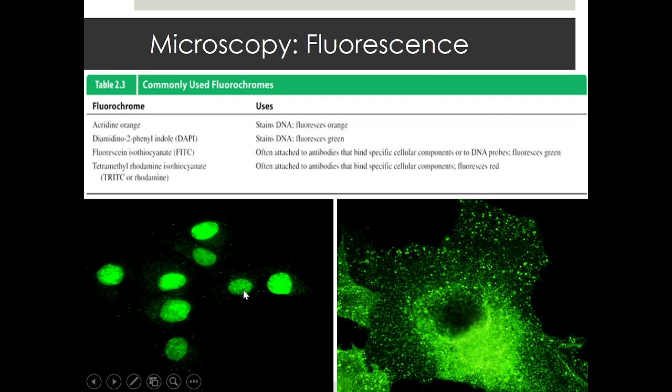So the nuclei have lit up here with either DAPI, which is sometimes green, or you also have FITC. And this over here looks like a cytoskeletal stain, where we have large components of the cell lighting up because they have bound a target or a tag for them that is conjugated again to that fluorochrome.